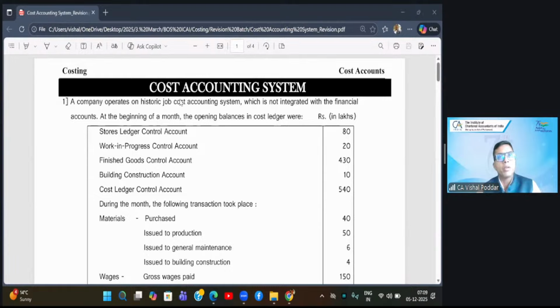So no company would like to make it public, especially to its competitors. And anyway, for outsiders, the costing data is not relevant. The purpose of accounting for outsiders is knowing the financial conditions of the company rather than the costing conditions. So that is why reporting of costing data is not compulsory under any laws, and that is why the integrated system is not adopted. So companies adopt the non-integrated system.